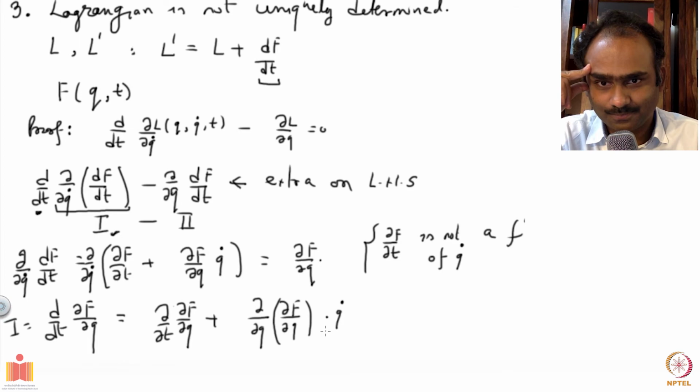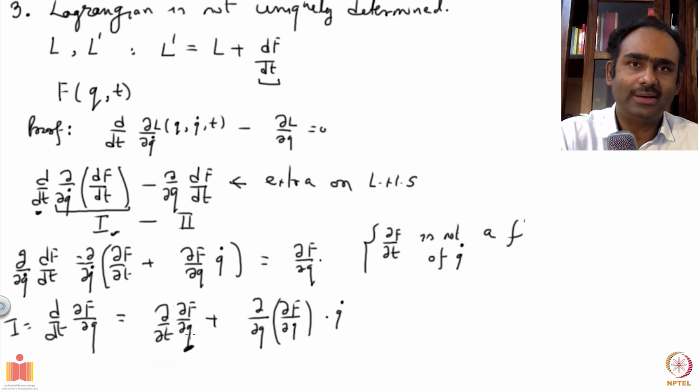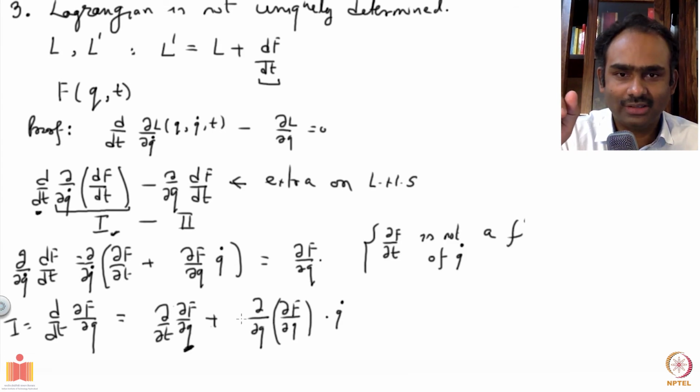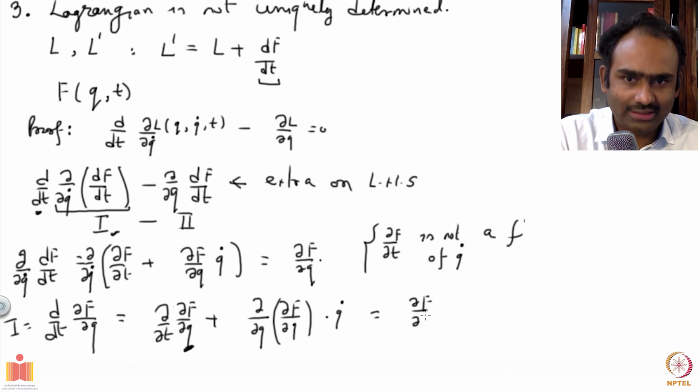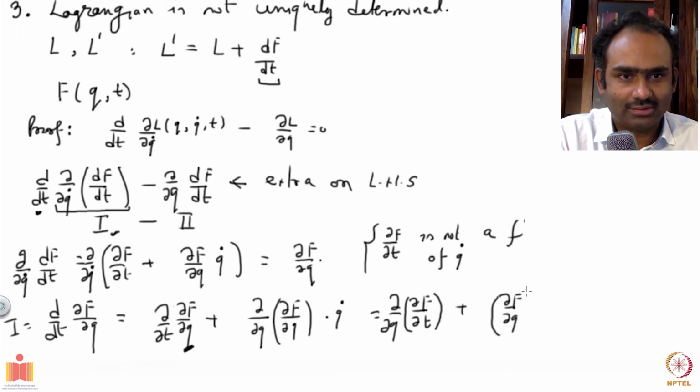Now what can I do? You see here I can interchange q and t. They are independent variables, so I can interchange them, which means I can write this as del f over del t, del over del q, plus del f over del q, del over del q dot.